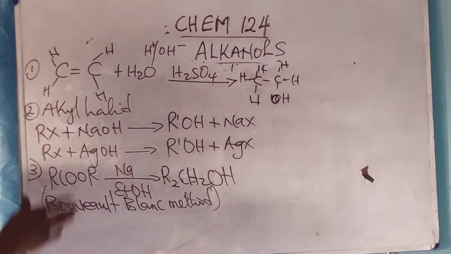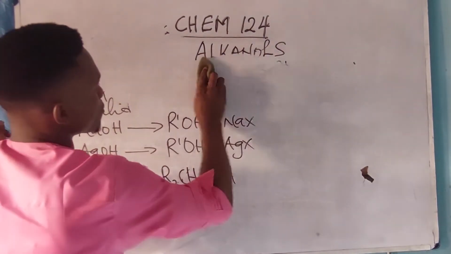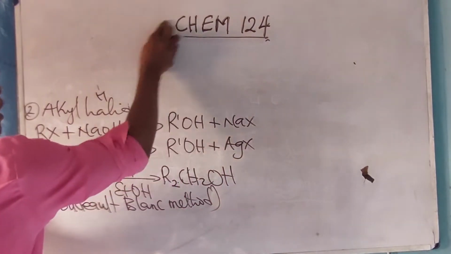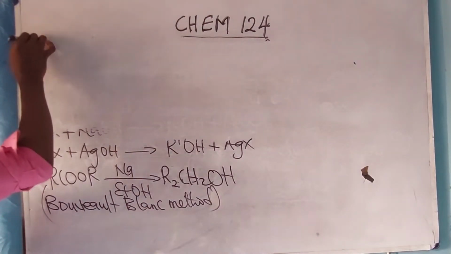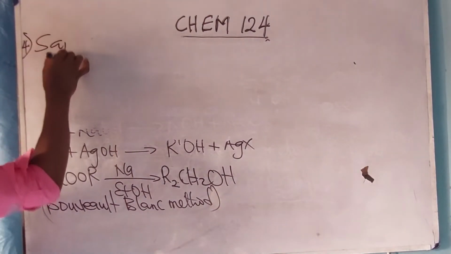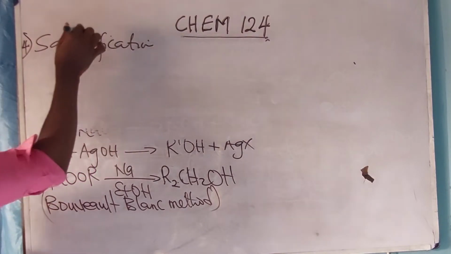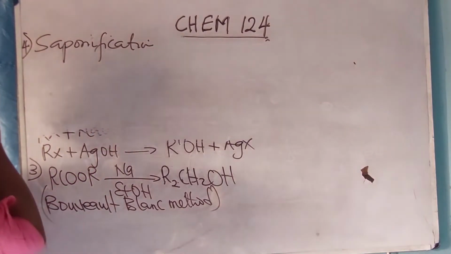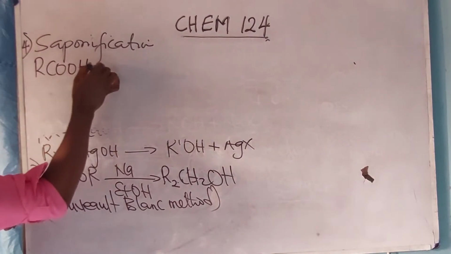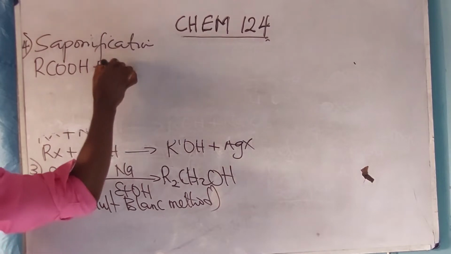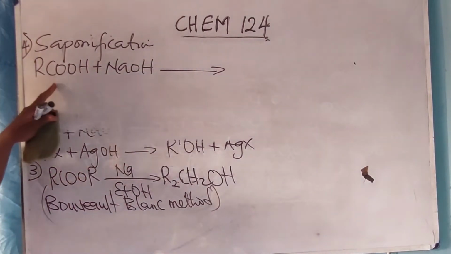I believe these ones are understood. This is number 3. Number 4, alcohols are also produced from a saponification reaction. You know, a saponification reaction is a reaction between an ester and what?